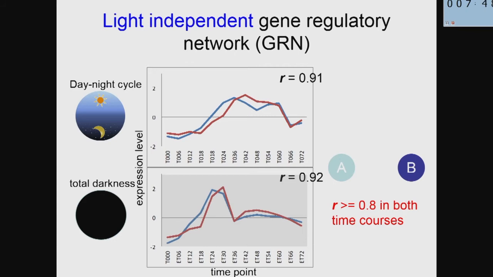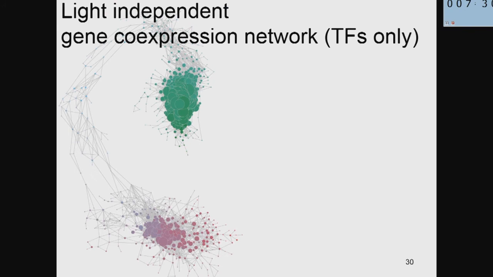For this kind of case, we say their co-expression is independent of light effect, okay? We take a minimum correlation of 0.8 in both situations. We select such genes to form the co-expression network, okay?